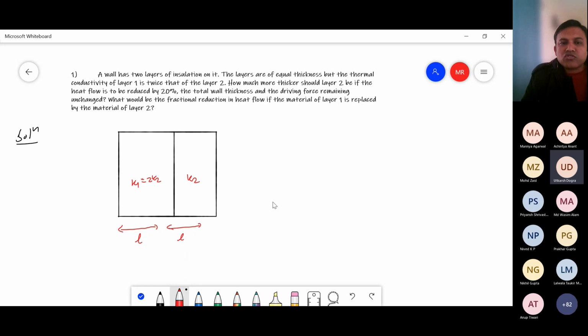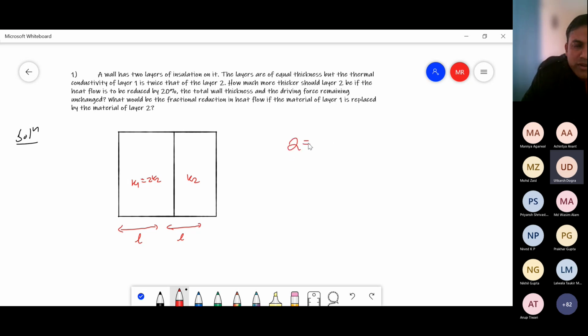So what we are saying here is if I change the thickness of layer 2, keeping the total length the same at 2L, by what fraction should we change the thickness of layer 2 in order to reduce the heat flow by 20%. So let's first look at the rate of heat flow.